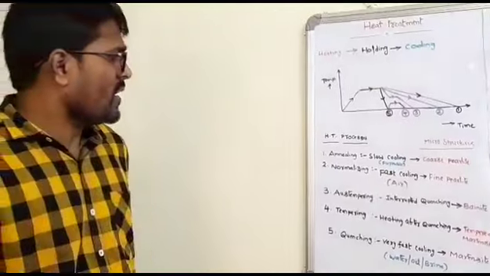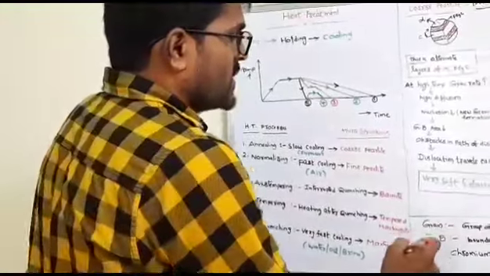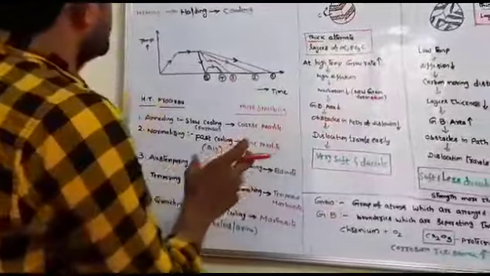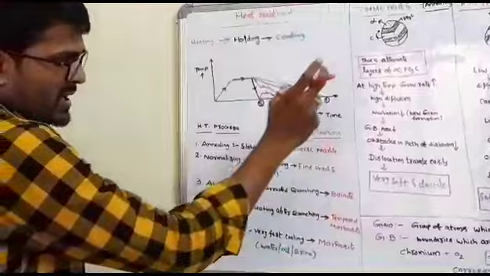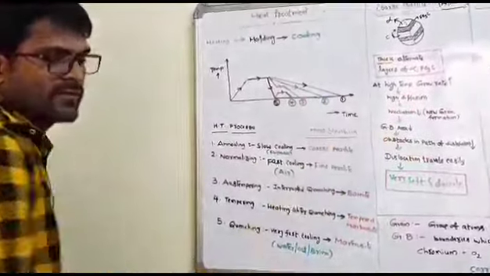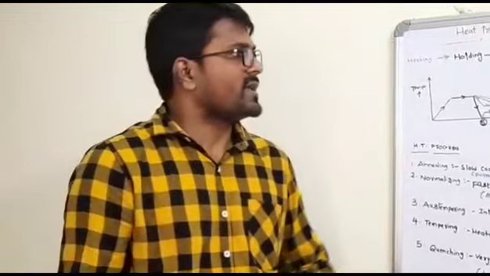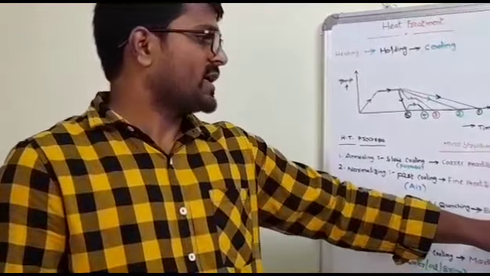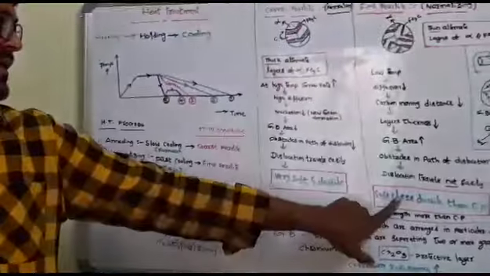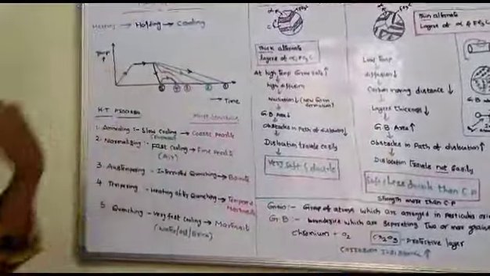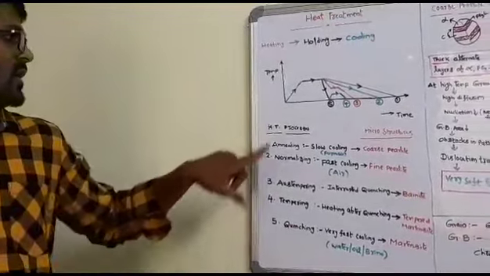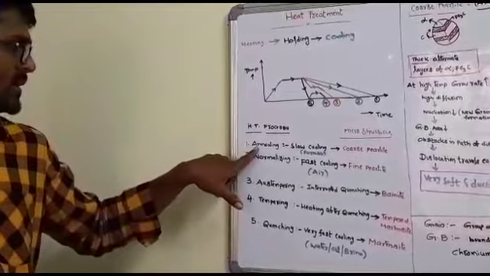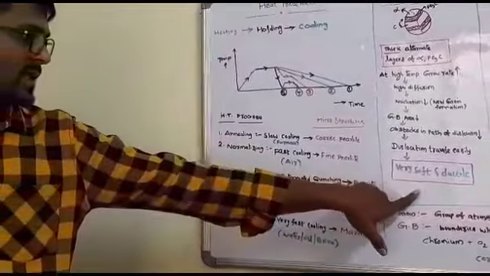So these are the heat treatment processes, the microstructures formed, and the properties we got. In coarse perlite we got very soft and ductile, and in fine perlite soft and less ductile. Whatever requirements we need, we have to follow accordingly. For very soft and ductile, we go for annealing.